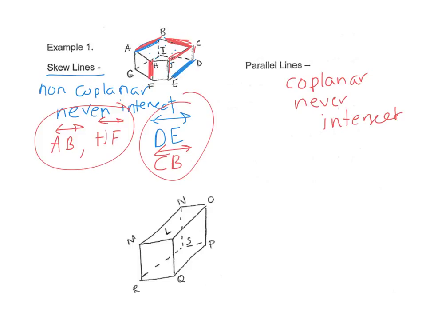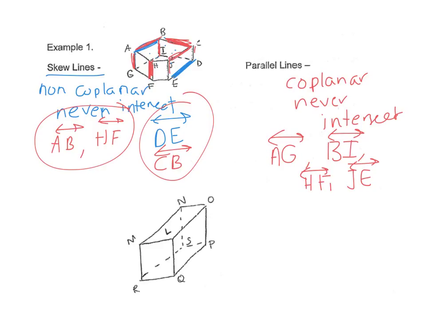But how about I start with AG? So AG is parallel to BI because these two are both on the black back plane, and which is parallel to HF. There's actually a lot of sets of parallel lines here, and JE. Those are parallel.